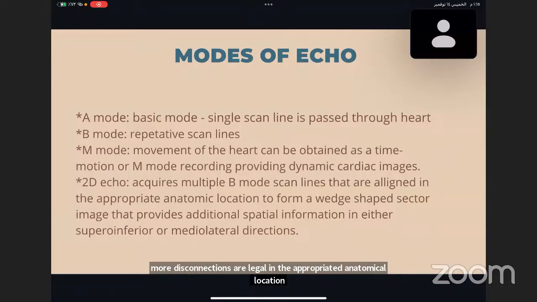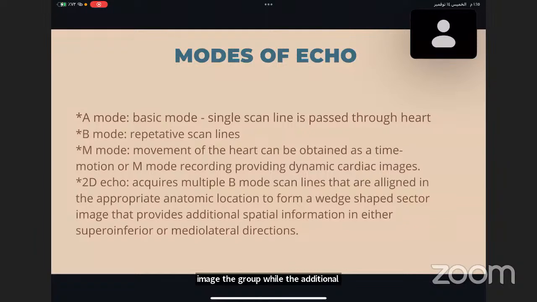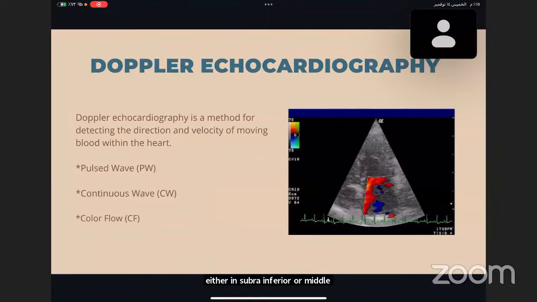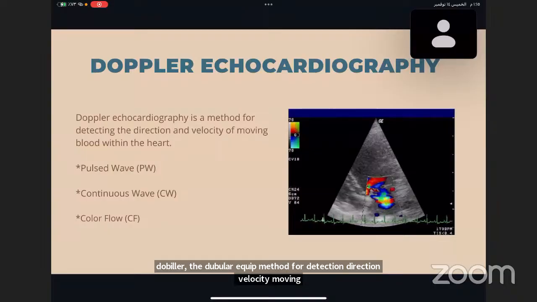The image provides additional subtle information, either in the supero-inferior or medial-lateral direction. Okay, we can see the Doppler echo method for detecting the direction and velocity of moving blood within the heart.